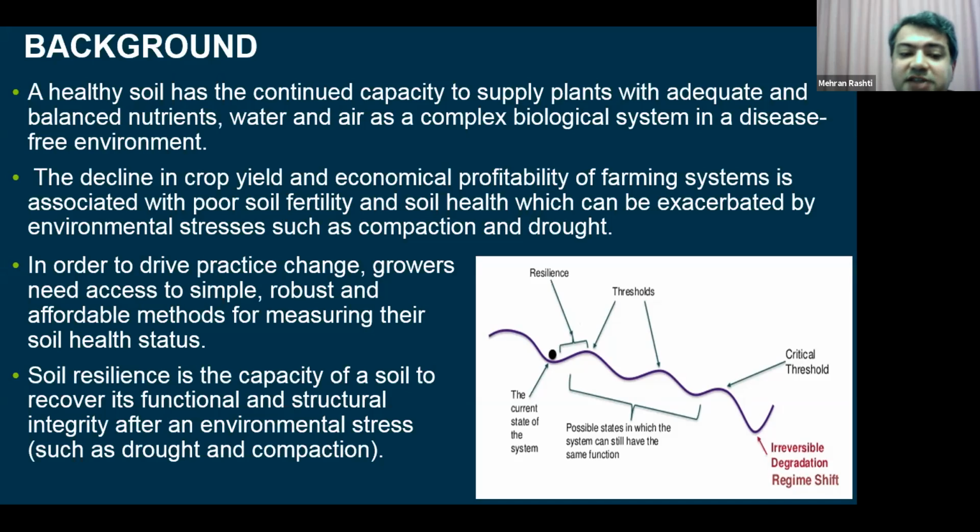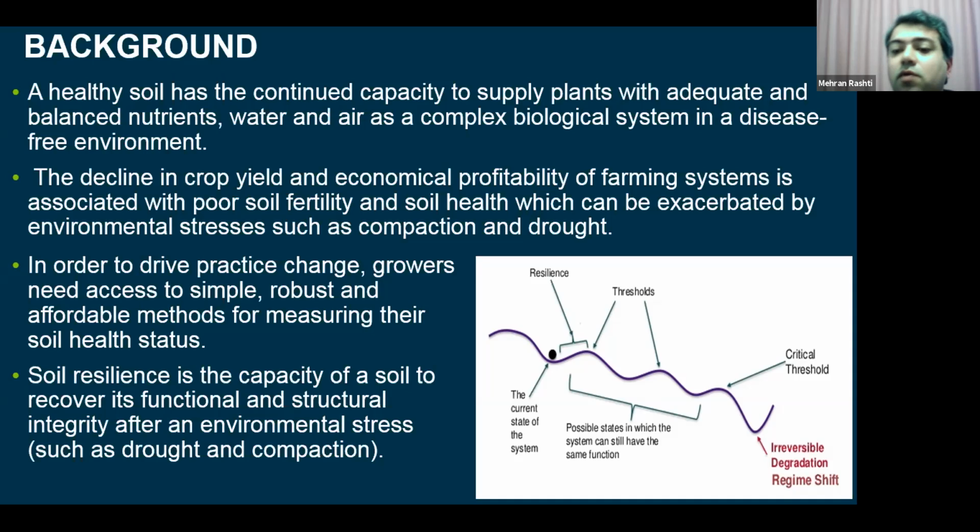And then the next factor comes into place that we call resilience. So the resilience of the soil is the capacity of the soil to recover its main functional properties after we remove that stress. For example, you're going through a drought season, and after that, you get the next rainfall.